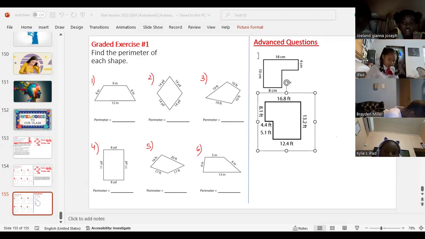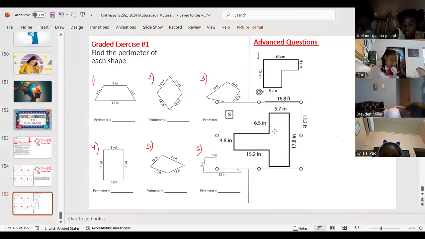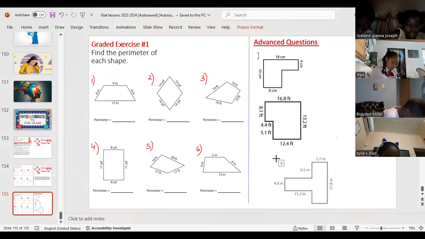That's interesting. I like this. Be careful for number 3. Number 3 is not hard, but you just got to pay attention.